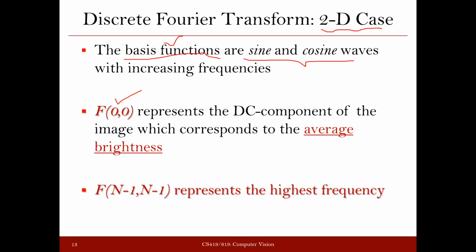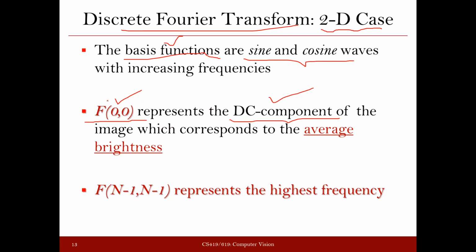Okay. So if you compute f00 from any DFT, you will see that it is nothing but the average of all the brightness, and in case of images, this is called the DC component. Why do we say DC? Because it doesn't have any complex term. It is always going to be a real value. Okay. So this is referred to as the DC component.